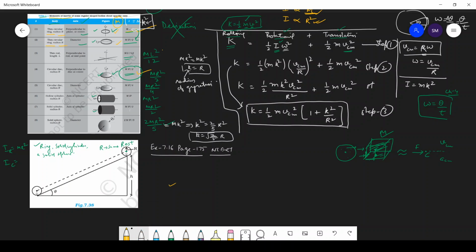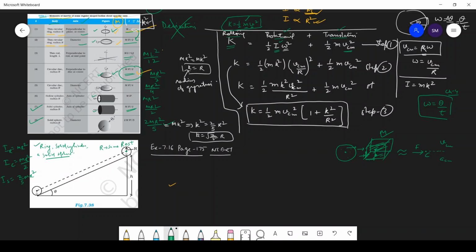Now for the solid sphere, that's formula number 8, it is 2 by 5 mr square. So these are the moments of inertia.